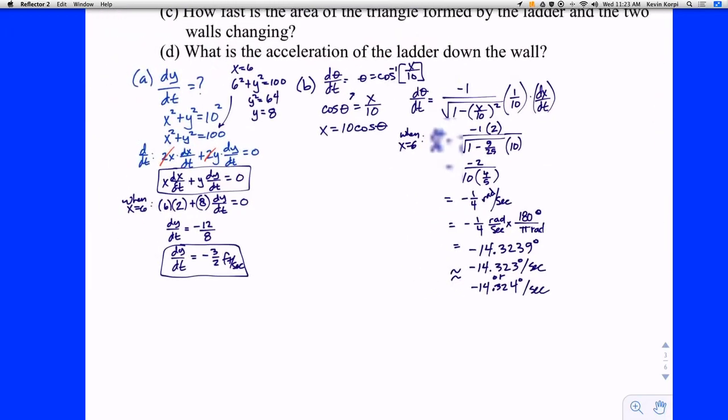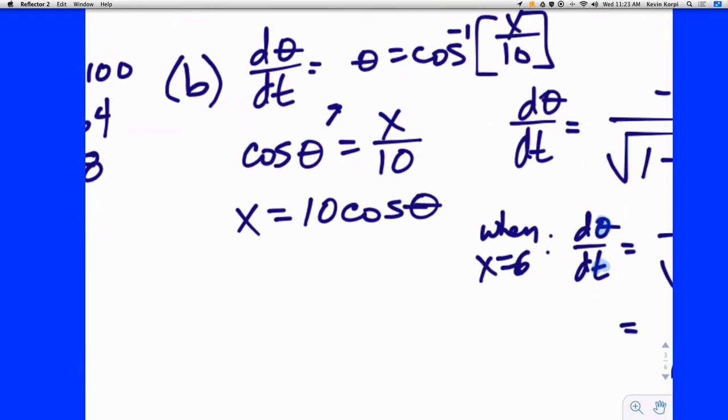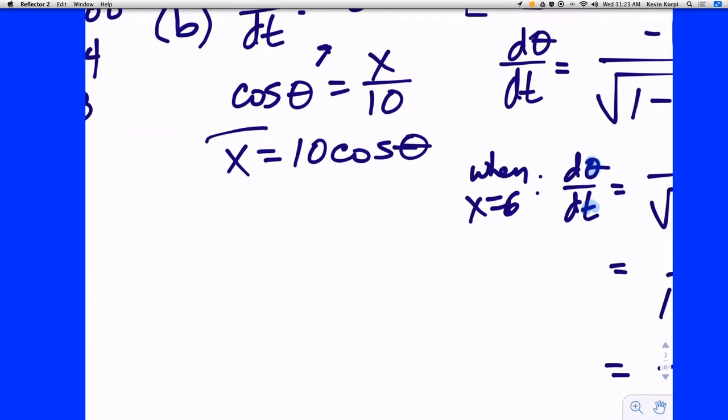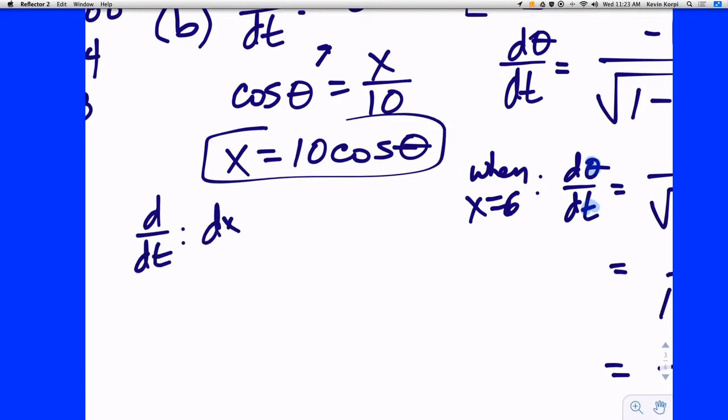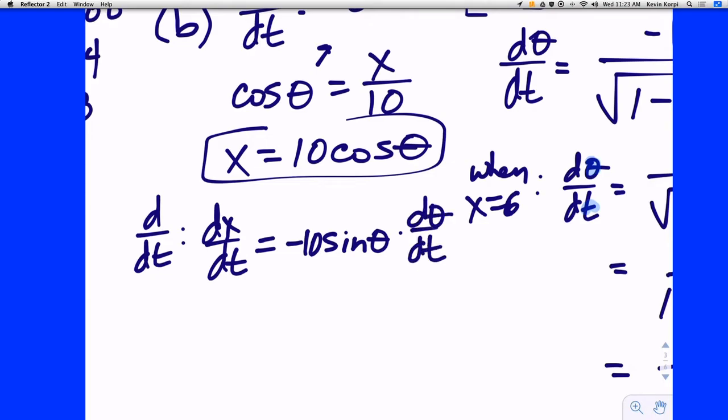Okay, cool. What was the other way to do it? Well, if you leave it like this, and you take the derivative with respect to time, you get dx/dt over here, and you get negative 10 sine of theta times d theta/dt. Now, when you plug in there, notice you don't need theta, you just need sine of theta at that moment, right?